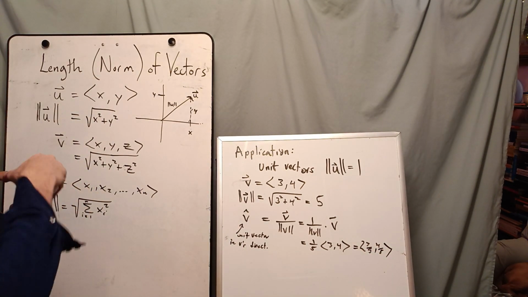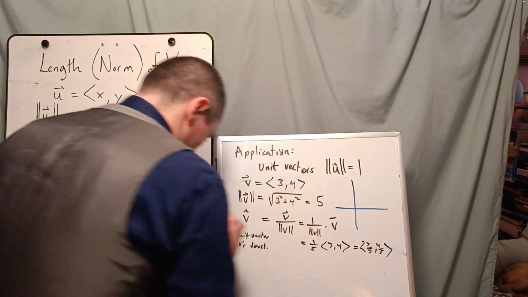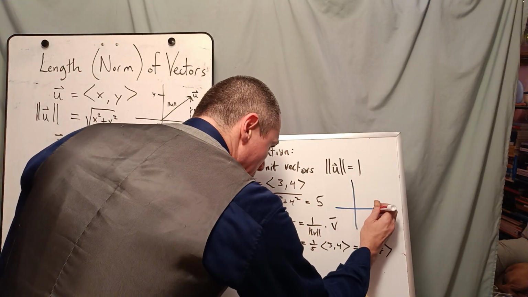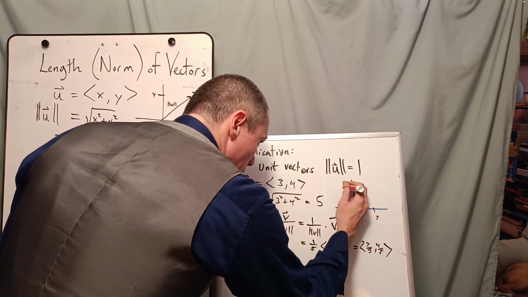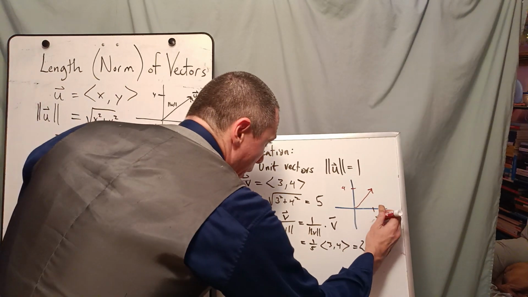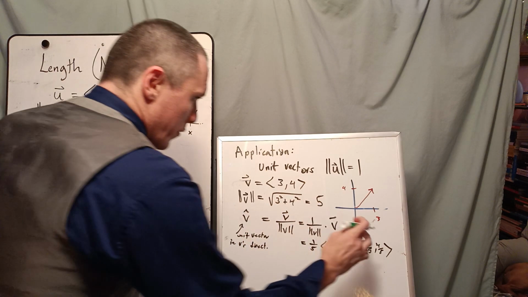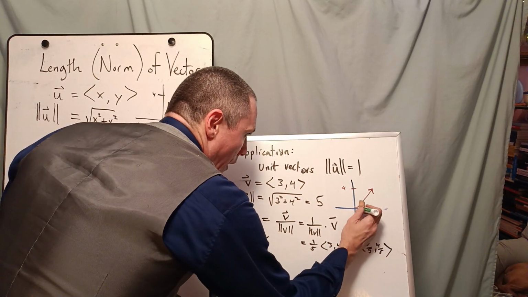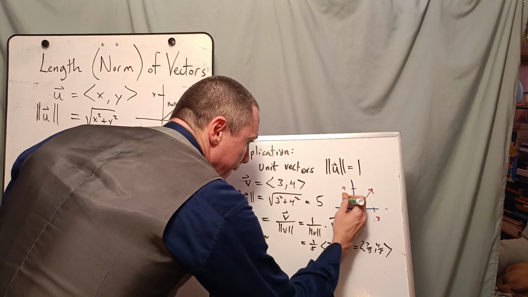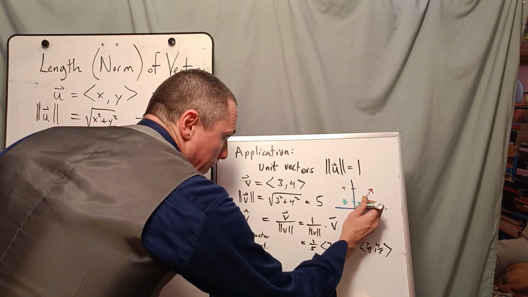And just to try to illustrate that a little bit, what happened here, we had some vector at 3, 4. And now we have a vector at 3/5, 4/5. So divide by 5, that's something less than 1. So you can see it's similar in the sense that the ratio is the same.